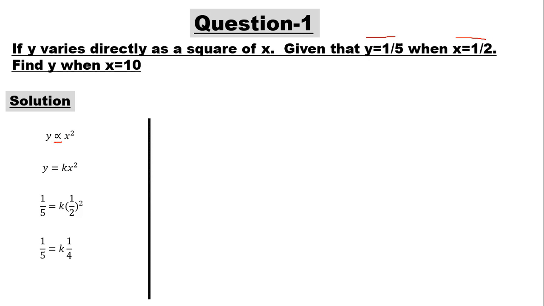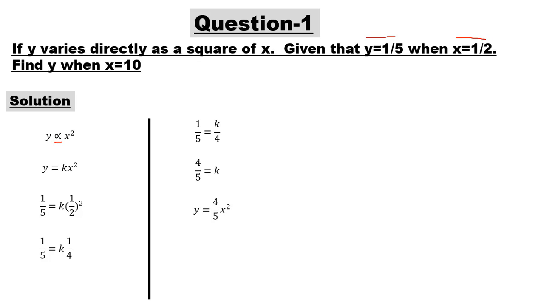If you further solve it, you will see that k by 4 will be equal to 1 by 5, and finally we will have the value of k, which is equal to 4 divided by 5.